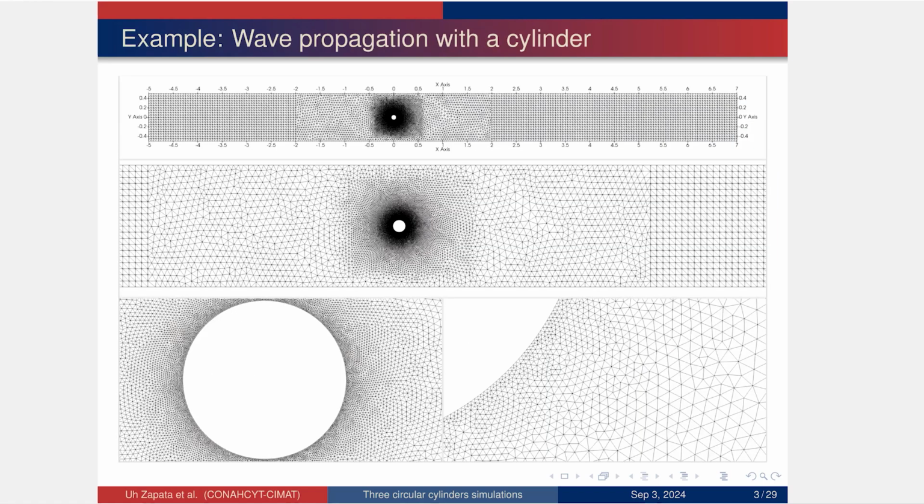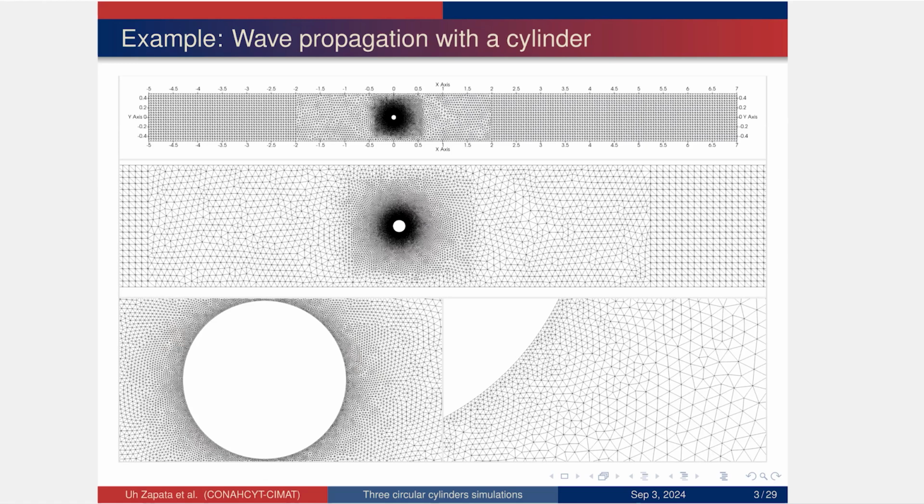For this test case, I like to always start with this slide, because here we can clearly see one of the main problematics of these test cases, that is not the meshing, but the number of elements that are required close to the structures.